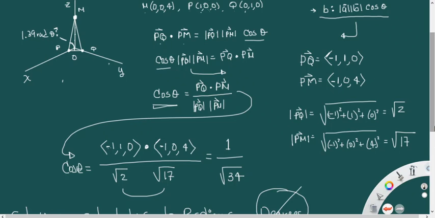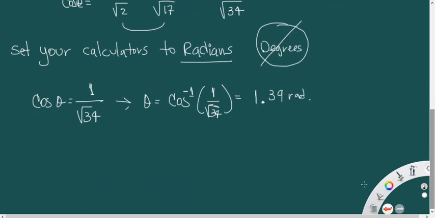If you are not familiar yet with these radians and you want, for now, to convert from radians to degrees, you can do the next operation.